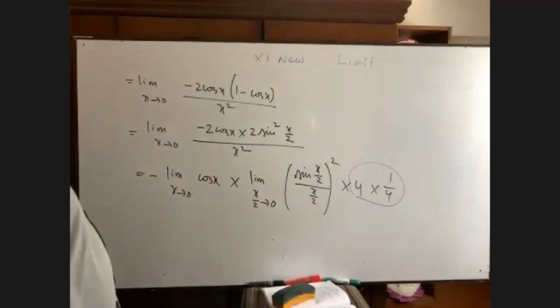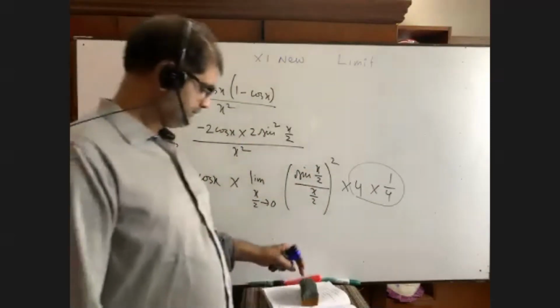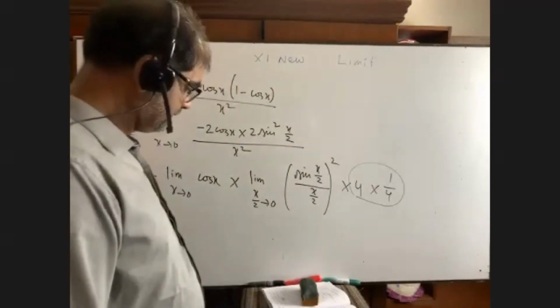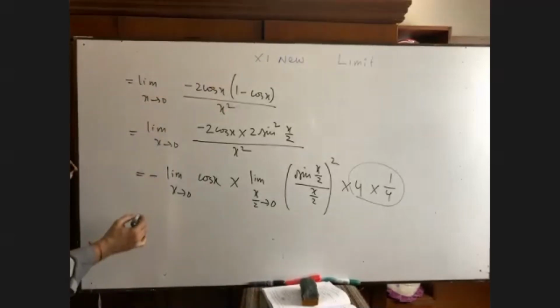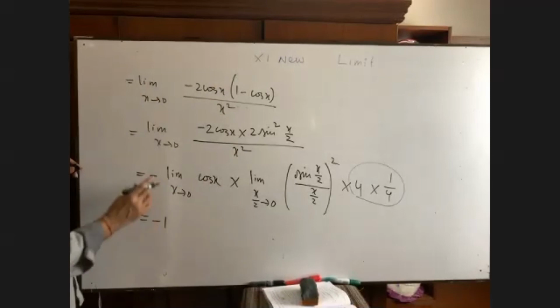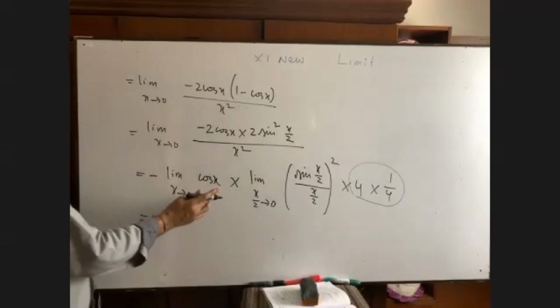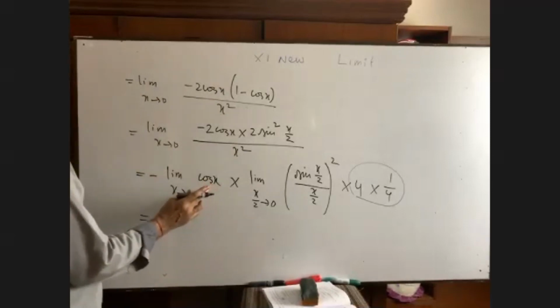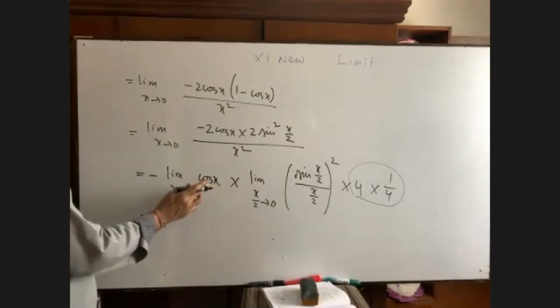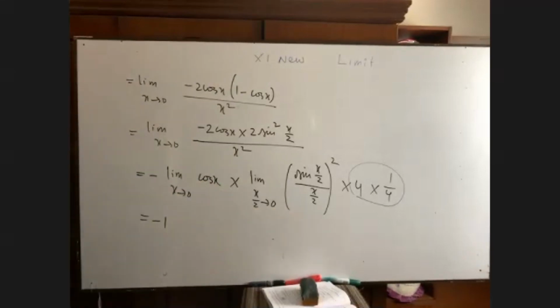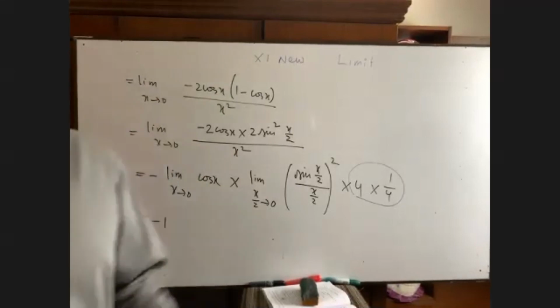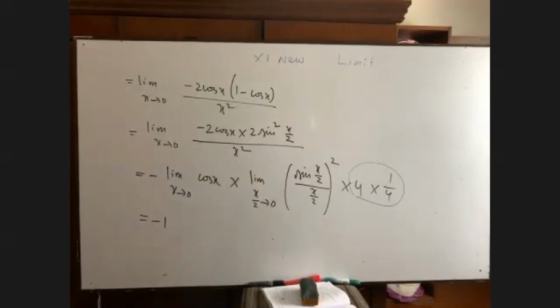Now just please try to understand. It is what? Minus 1. This is minus cos 0, 1. Cos 0 equals to what? X equals to 0. Cos 0 is 1. So our answer is 1. Please talk to me. Yes, sir.